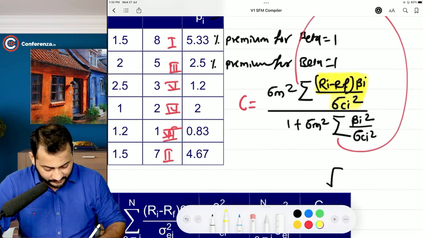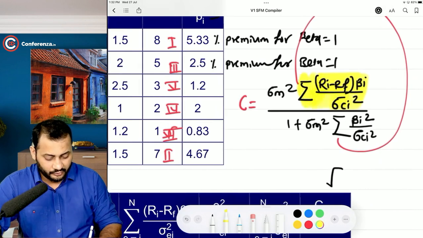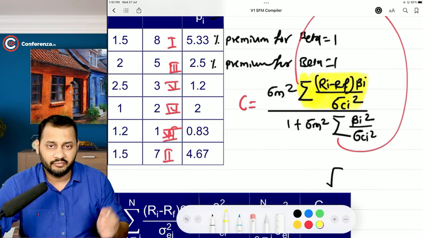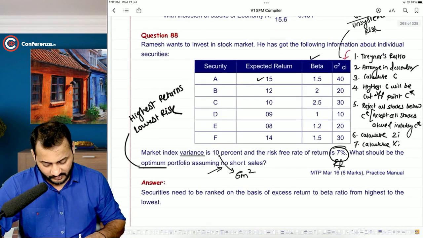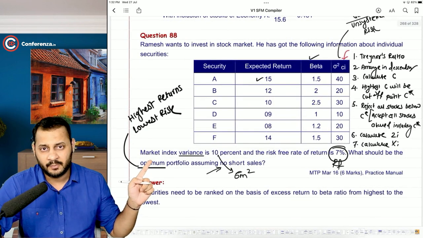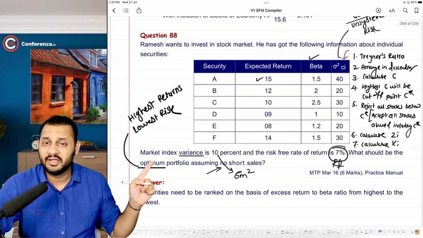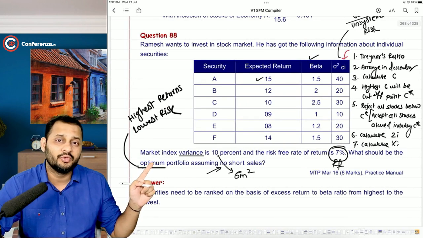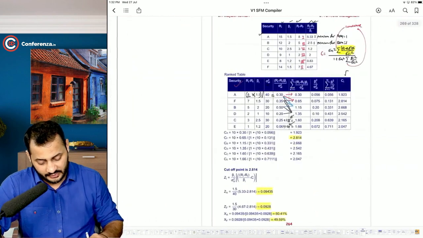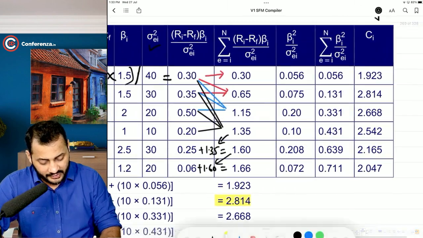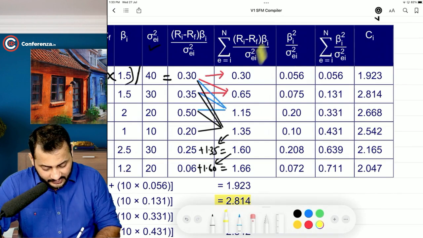Now this much of the steps are completed, right? Now we are going to multiply this yellow column with the market variance. And you know what the market variance is? The market variance itself is 10. Next time the question is asked in the exam, they might not give it to you in the variance format, so you might also have to do the calculation first and then use it. So remember that.